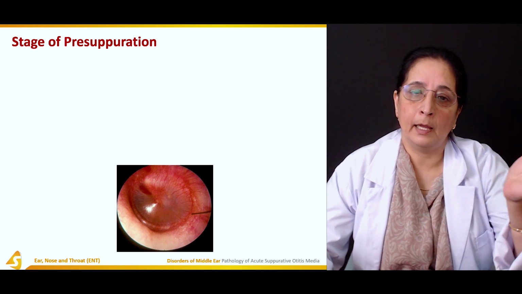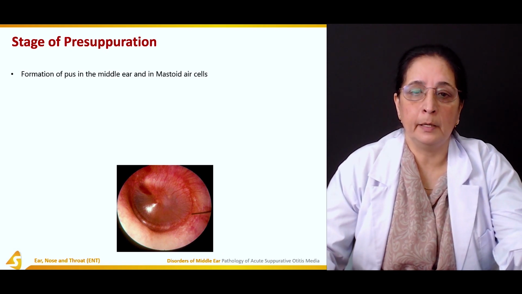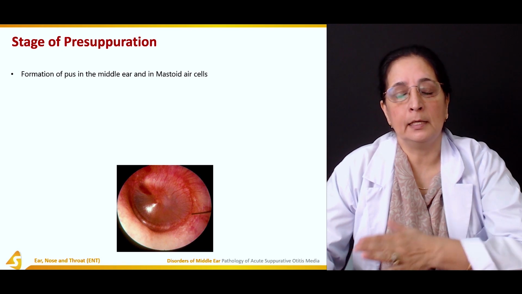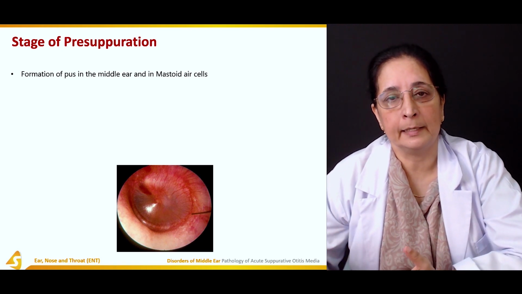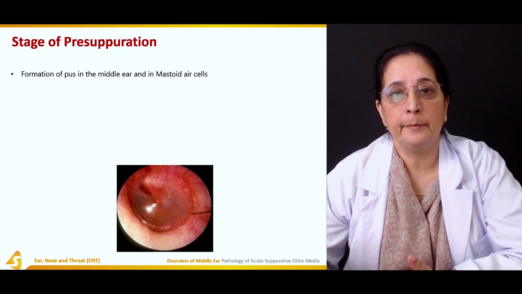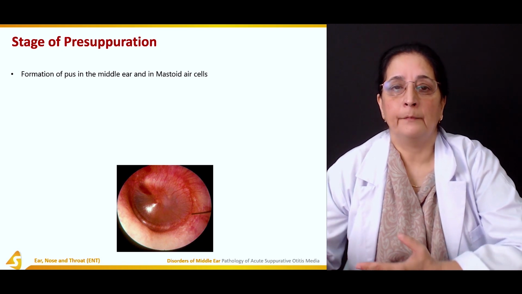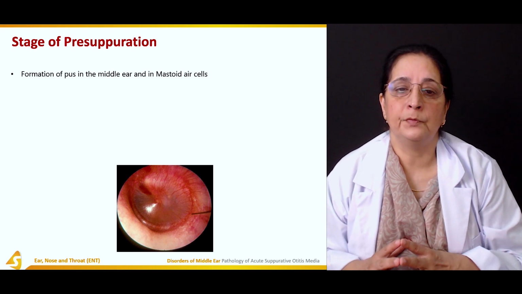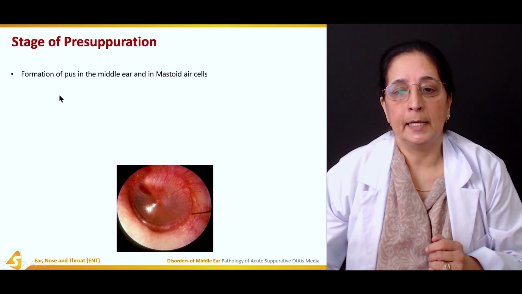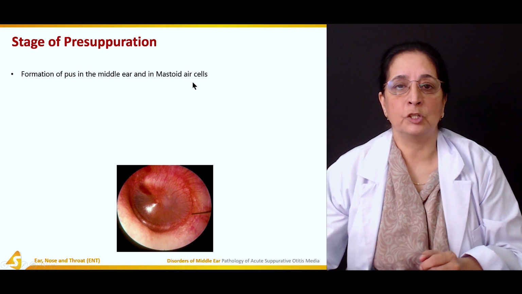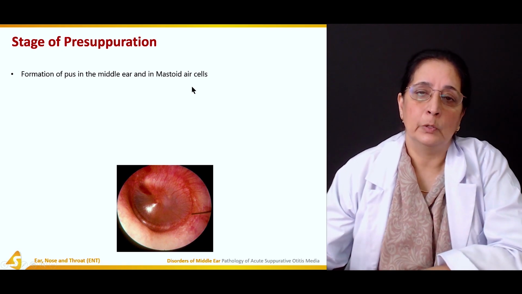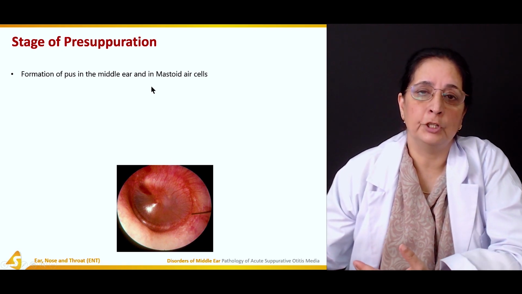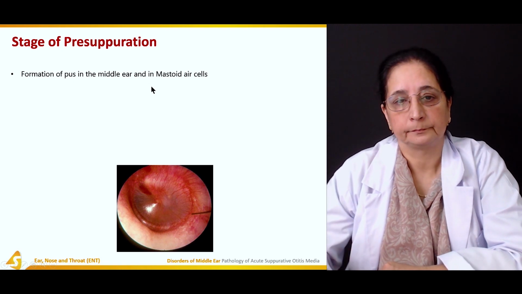Then next, after the changes in the middle ear, that can lead to hyperemia and tinnitus and deafness and pain. Finally, there is formation of pus in the middle ear and in the mastoid air cells. So there is now formation of the pus.